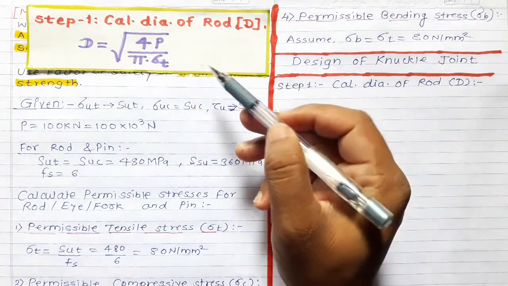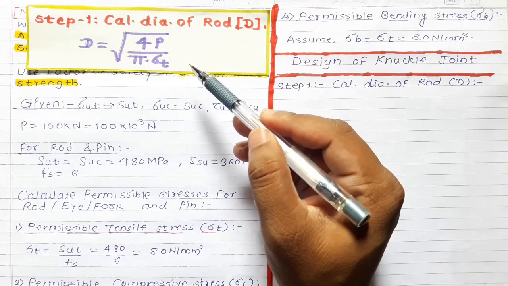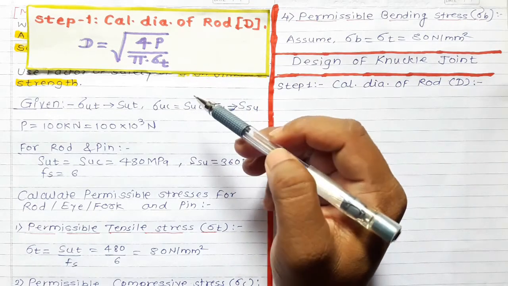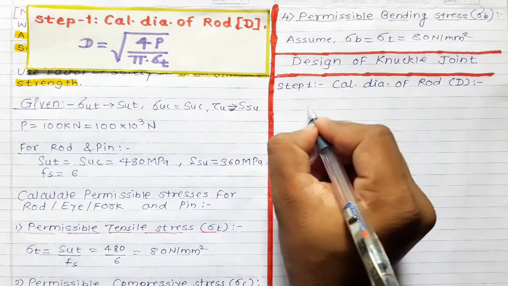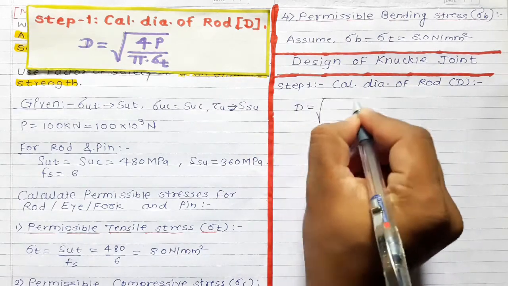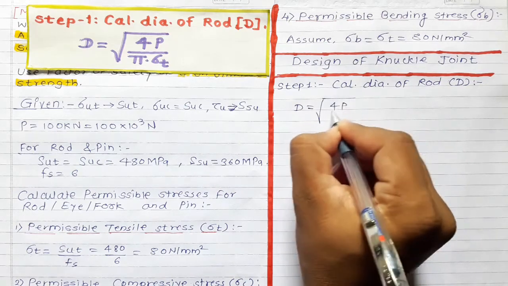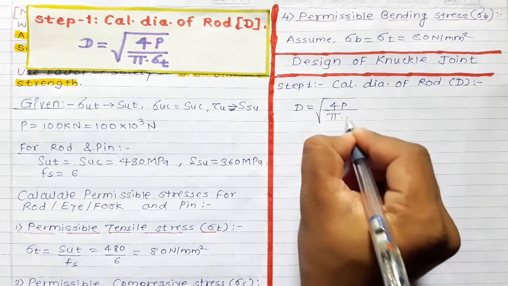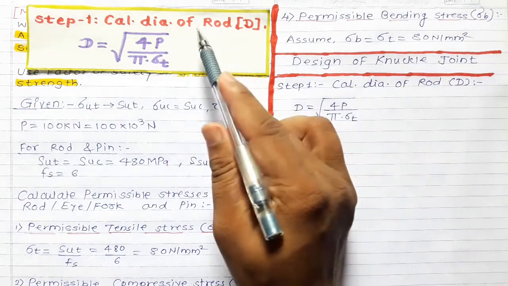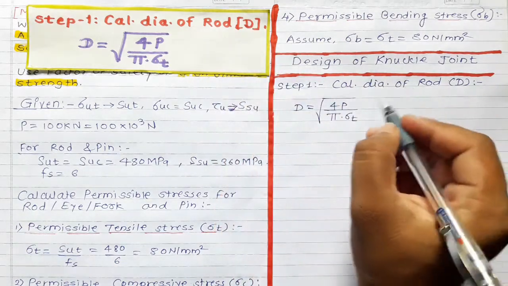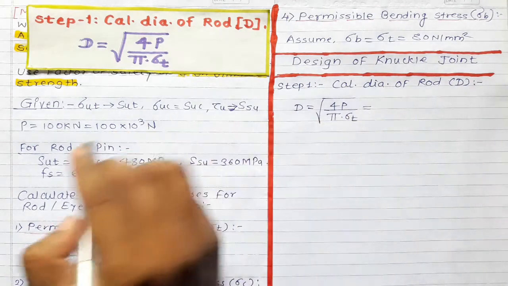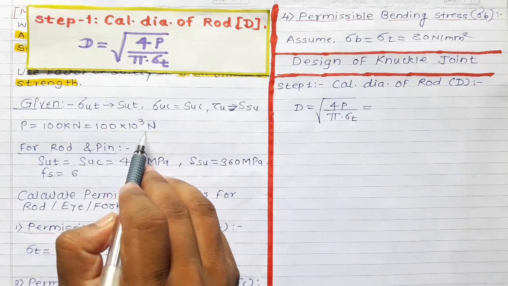As shown in this step 1, the formula is capital D is equal to under root 4p upon pi into sigma t. So let us write this formula. This is the equation required to find out the diameter of rod capital D. Now let us put the value of p. So p is 100 into 10 raised to 3.